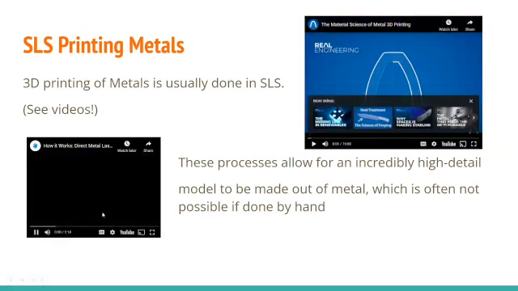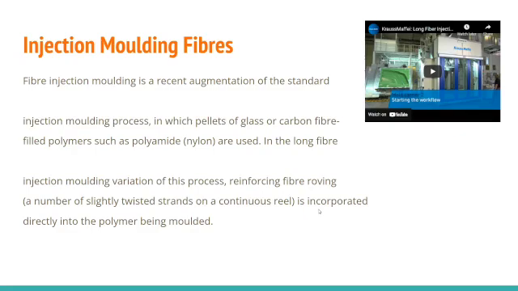Okay, moving on here, injection molding of fibers. This one is actually quite interesting. I didn't know too much about this until recently. Essentially, it's a change to the existing standard injection molding process, where instead of pellets of plastic, pellets of glass or carbon fiber filled polymers like nylon are used instead.